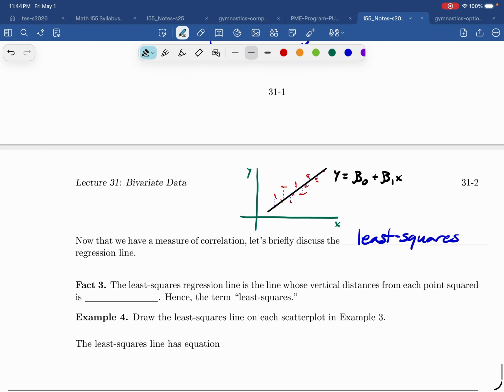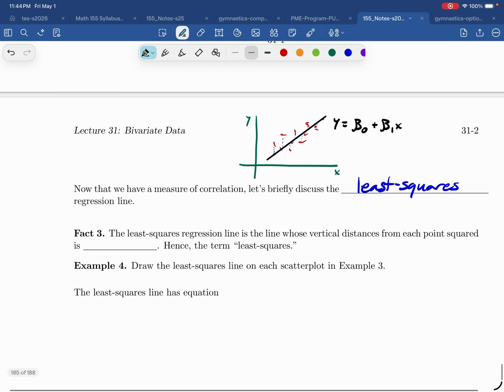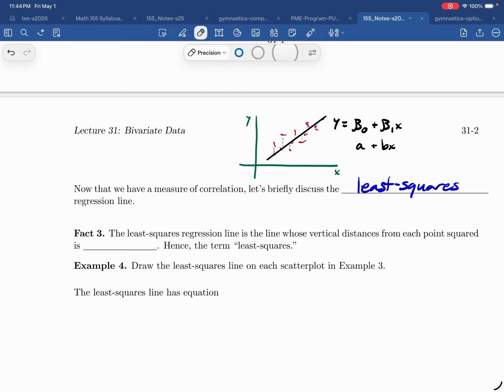I did not come up with that. That's just what the book does. That's what we're going to do. Calculators, you might see it written as a plus bx. I really don't care what you call it, but I'm going to be referring to it as beta naught plus beta 1x. So, that's just how we have to refer to it.